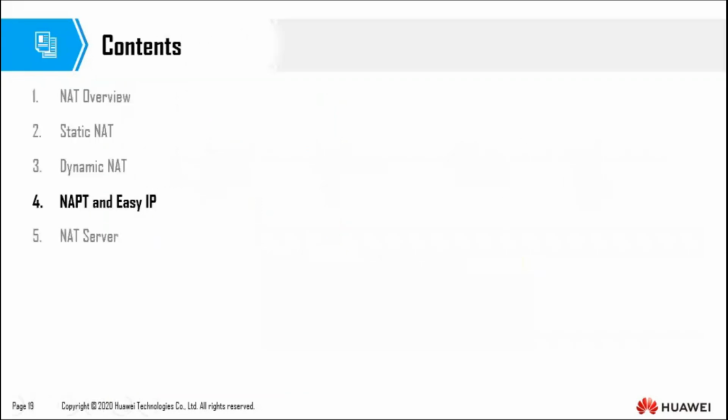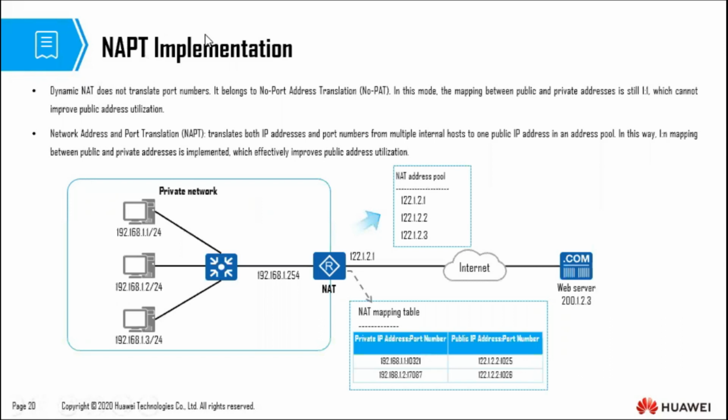Okay, now let's look at network address port translation and Easy IP. Now, with network address port translation, unlike the previous ones that we've looked at, that were simply using the IP header information to map public and private IP addresses, this one goes on to also use the transport layer information.